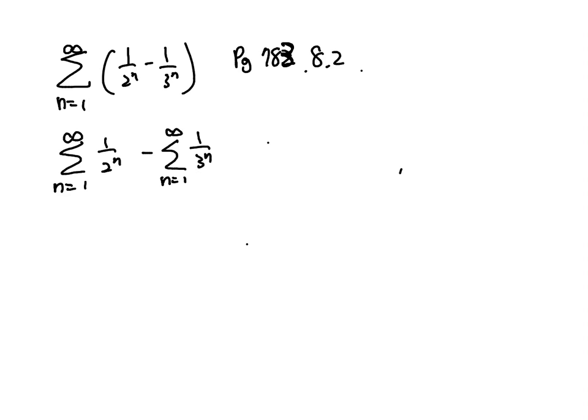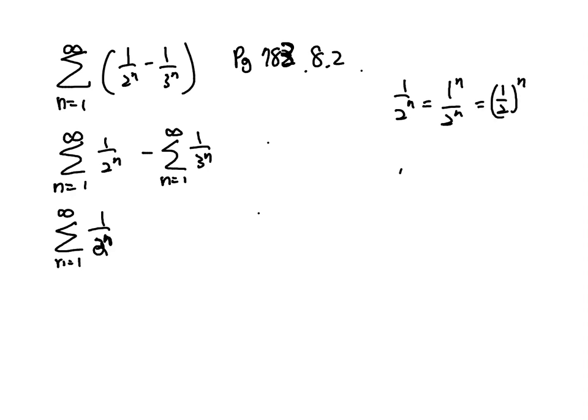Okay, so let's go ahead and deal with them separately. Now, you need to be able to do a little bit of rewriting. You need to recognize that 1 over 2 to the n is the same as 1 to the n over 2 to the n, which means by using the exponential rule, this is 1/2 to the nth power.